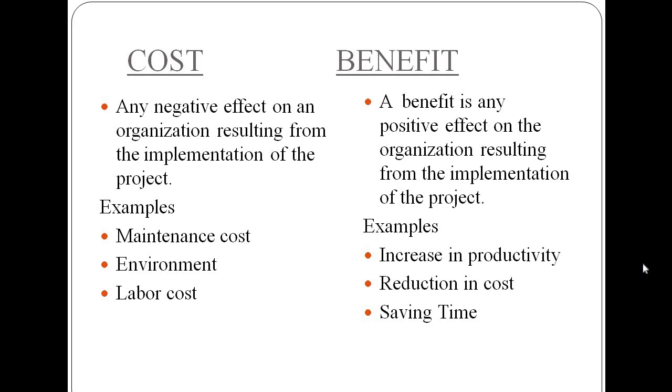Indirect costs might include electricity, overhead costs from management, loss of potential, risk, competition and environmental impact. Then we have benefits. A benefit is a positive effect on the organization resulting from the implementation of the project. For example, we have revenues and sales, increased productivity, reduction in cost and time saving.